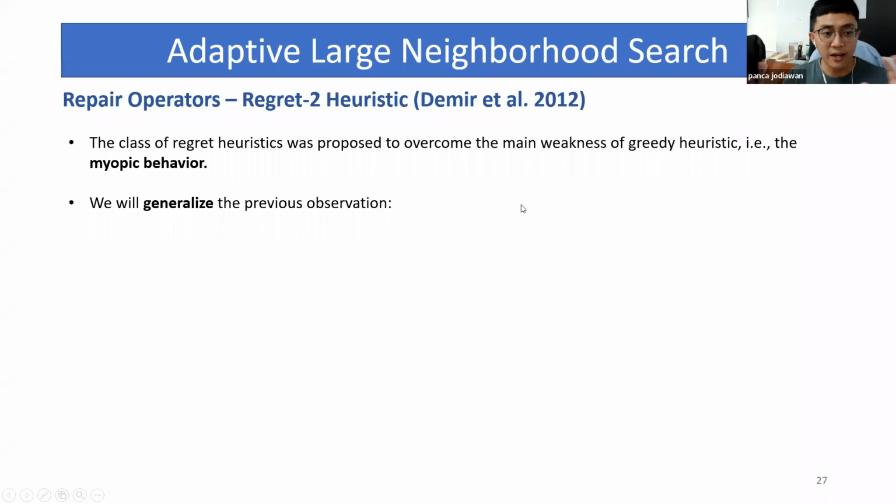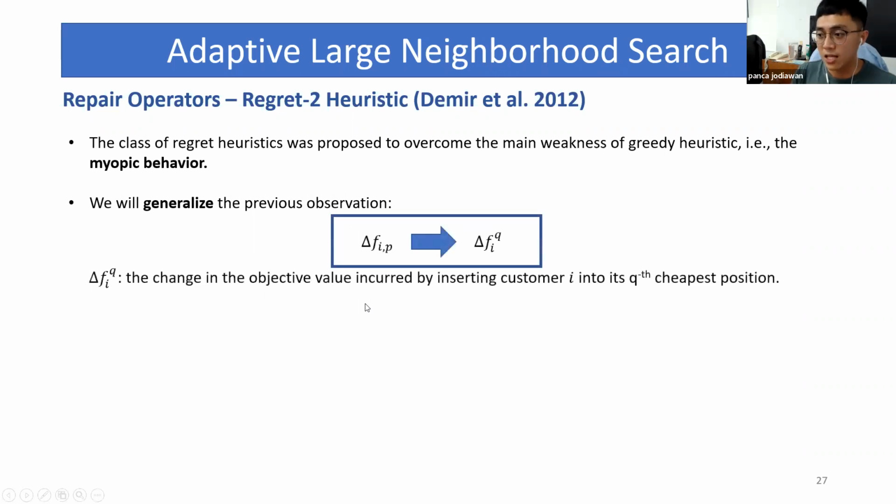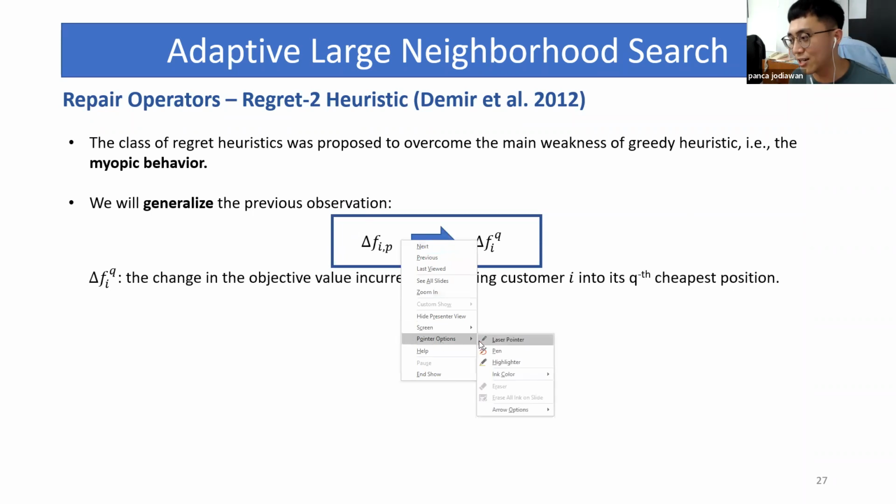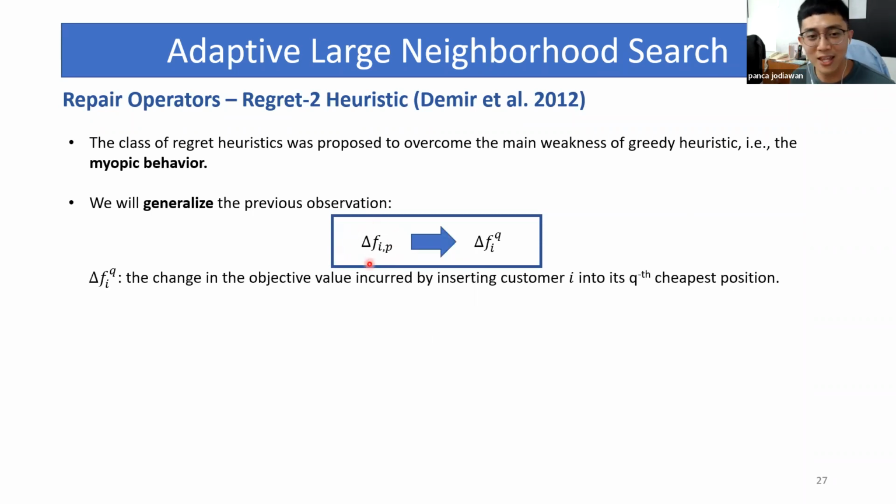Now we will generalize the observation that we have just discussed. I hope that you still remember this guy, the delta FIP. Then we will turn it into delta FIQ. Okay.